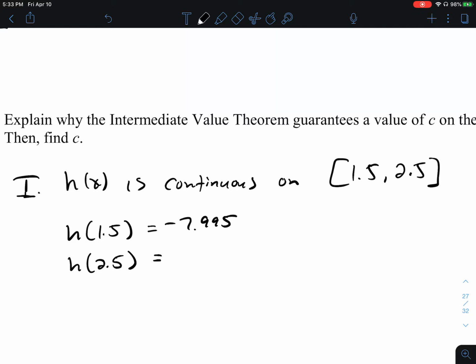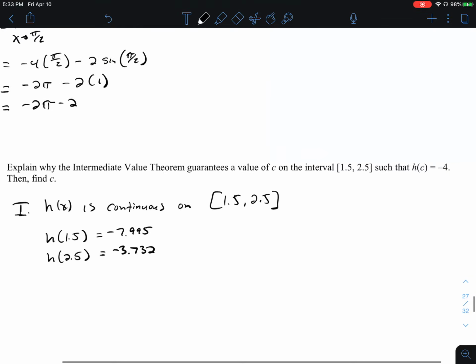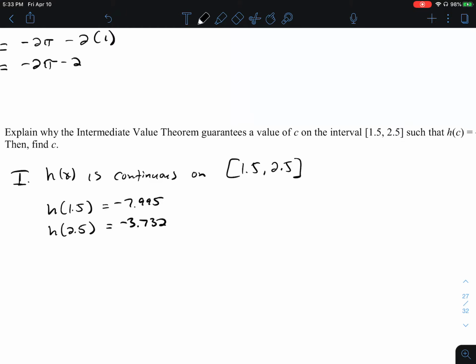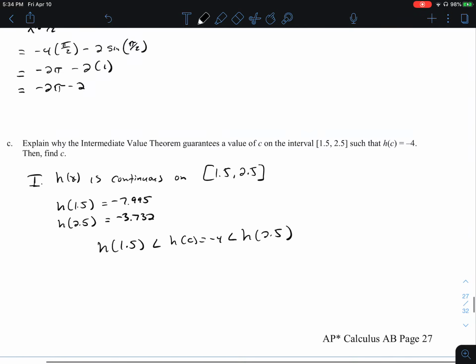If I put 2.5 in, I believe I get negative 3.732. Does negative 4 fall between those? It sure does. H of 1.5 is less than h of c, which is negative 4, which is less than h of 2.5.